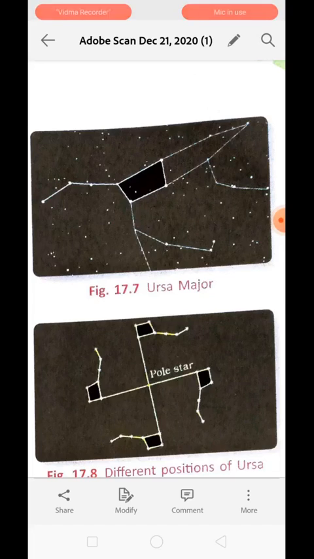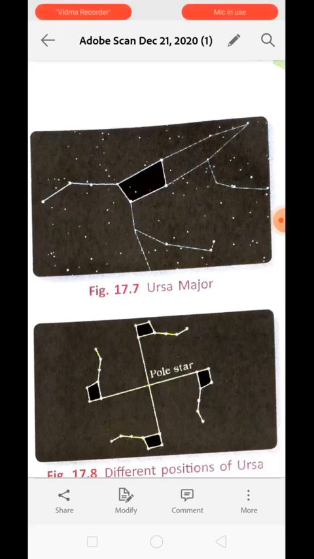If you study the position of Ursa Major at different times during the night, you will find that it appears to rotate about the pole star. The pole star is not rotating, but the constellation appears to rotate about it. Due to the location of the pole star just above the north pole of the earth, it is not visible from the southern hemisphere.